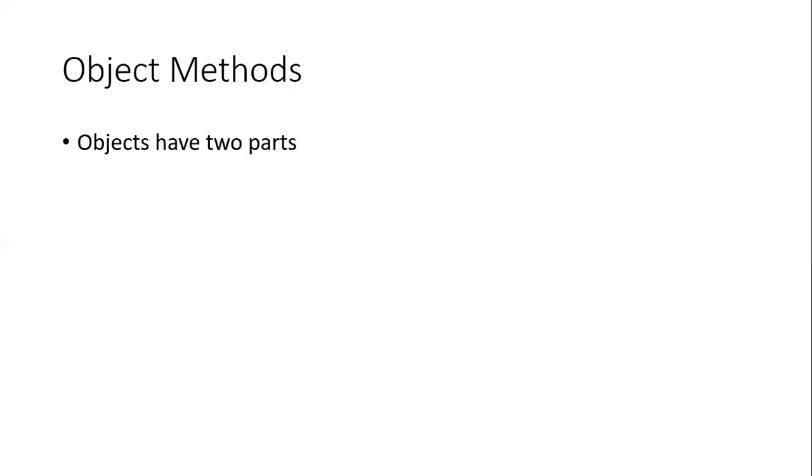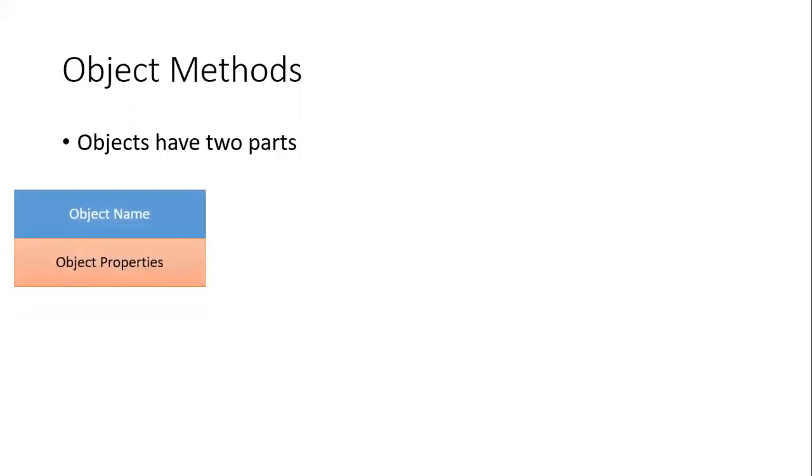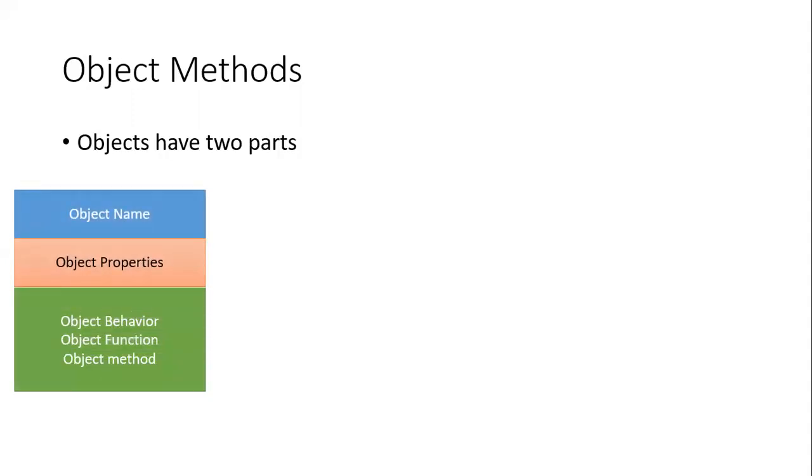The first type is object methods. Object methods have two parts. You could see that the whole object has two parts: the first one is the properties and the other one is the behavior. So we are talking about the behavior, or the method part, of the complete object.